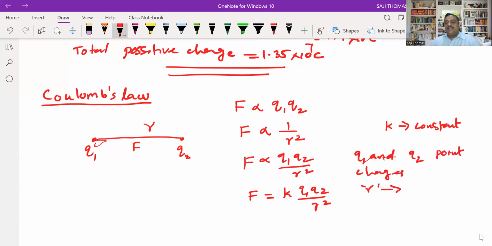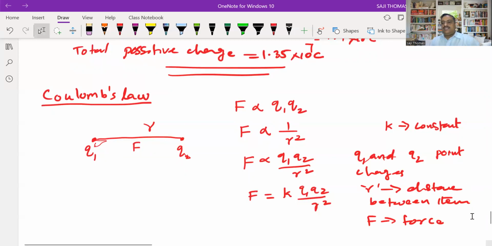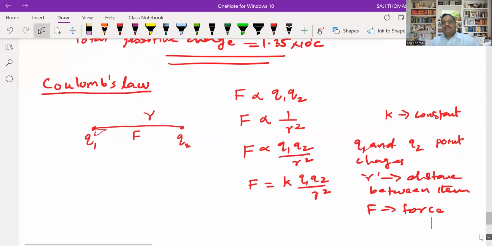R is the distance between them. F is the force. So the K is a constant of proportionality. This constant value depends on the medium in which the charges are placed.